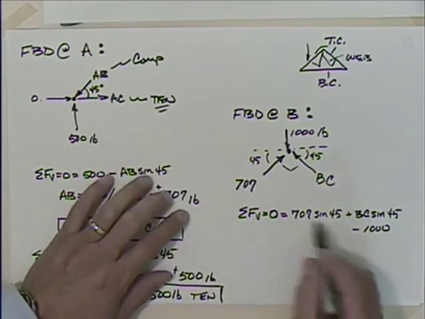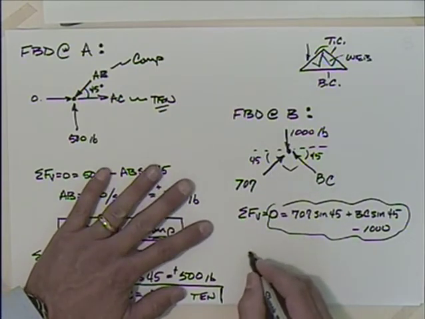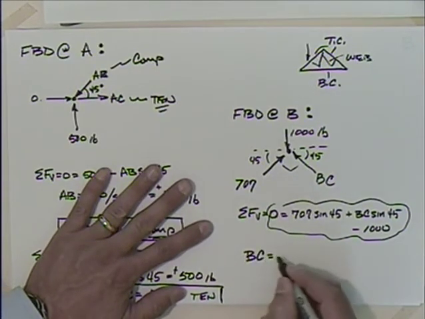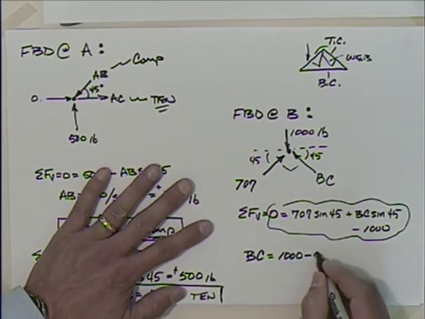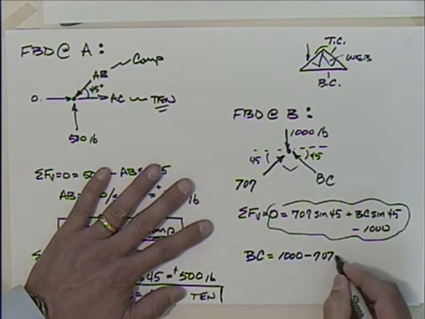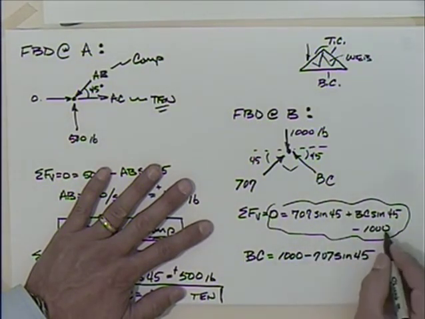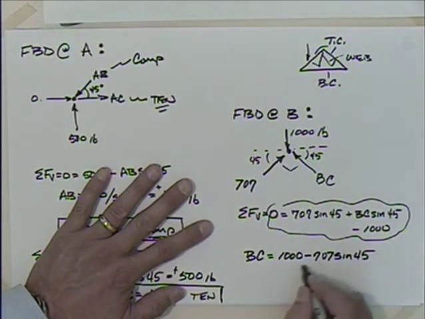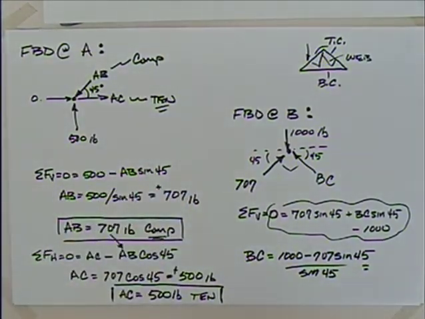That whole thing is equal to 0. That's my equation right there. So I should be able to solve for BC is going to be equal to 1,000 minus 707 sine 45, and then I have to divide both sides by sine 45. I think that's probably going to turn out to be 707, isn't it?